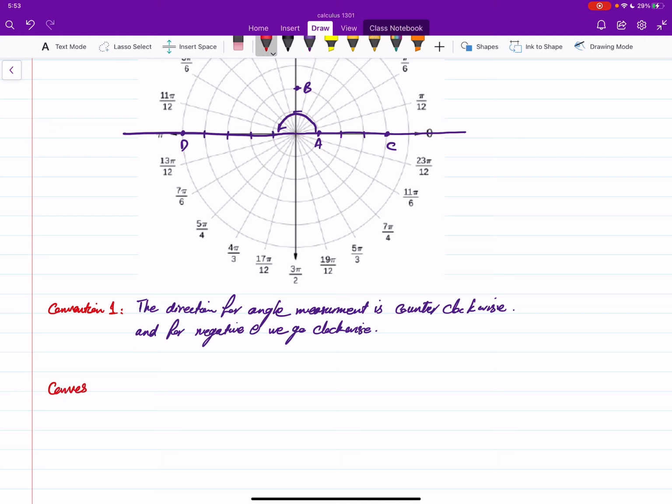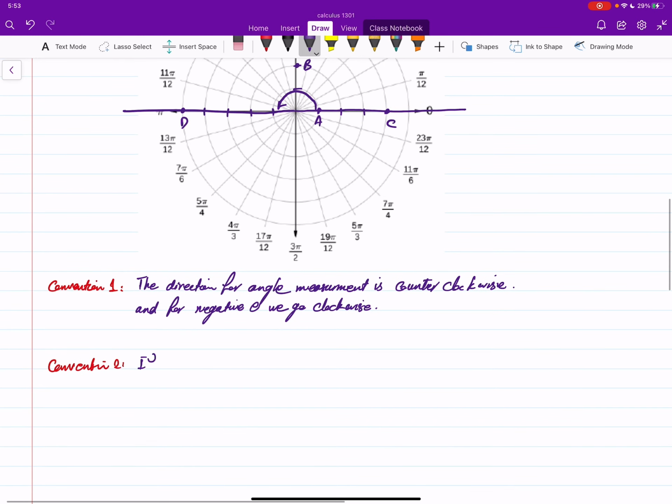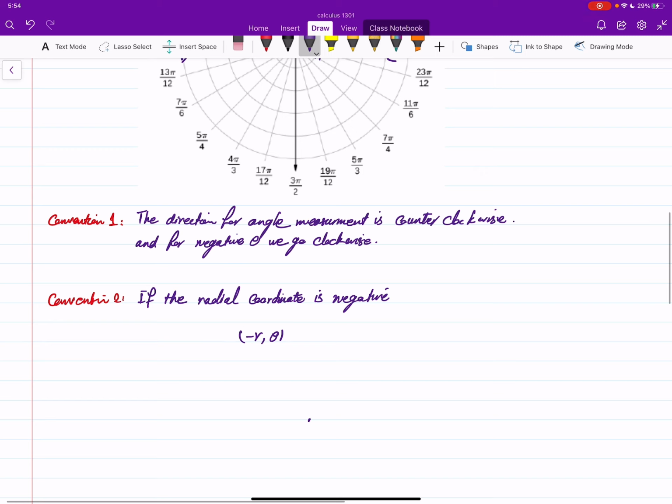Now another convention is that sometimes the radial coordinate can be negative. So if the radial coordinate is negative, something like negative r and theta, you look at the pole and polar axis and fix first the ray for theta.